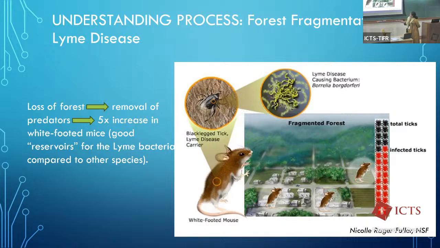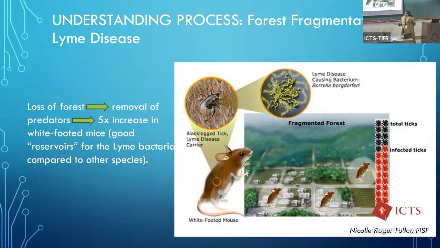Once that predatory pressure was removed, they found that there was a five-fold increase in one of the most competent reservoirs of this bacterium, which is the white-footed mouse. Okay, and so they found actually that the abundances of white-footed mice were much higher in fragments that were less than 5 acres in size.